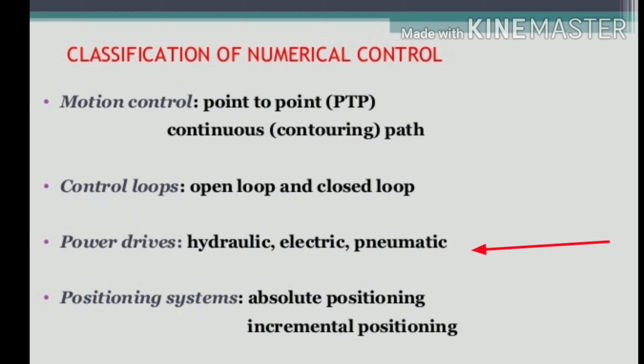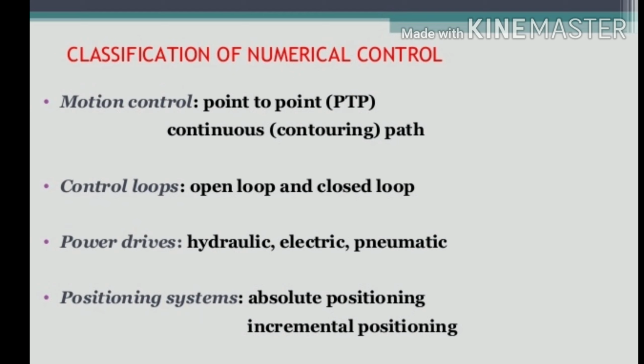On the basis of actuating power used, it is classified into hydraulic, electric and pneumatic control systems. And lastly, based on the position determining system used, it is classified into absolute positioning system or incremental positioning system.